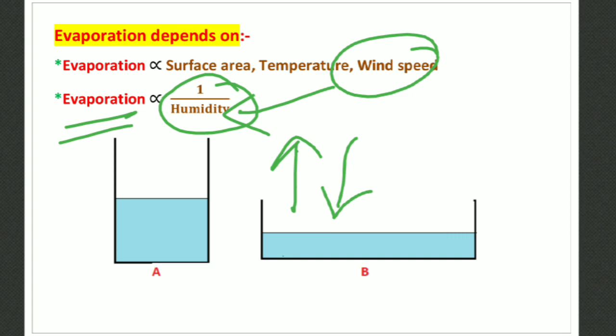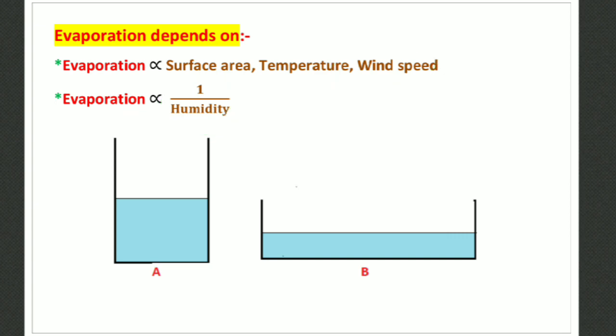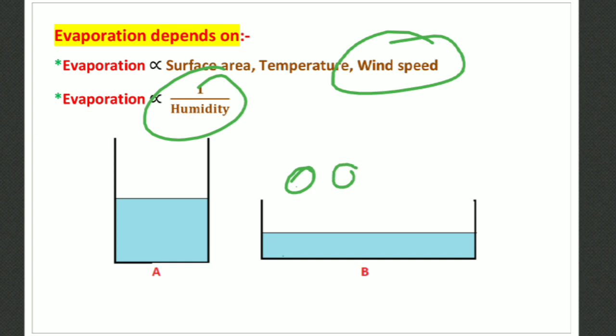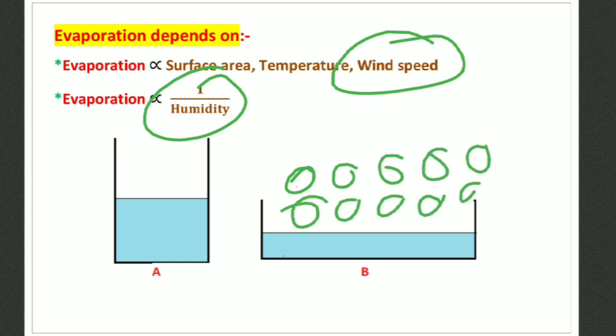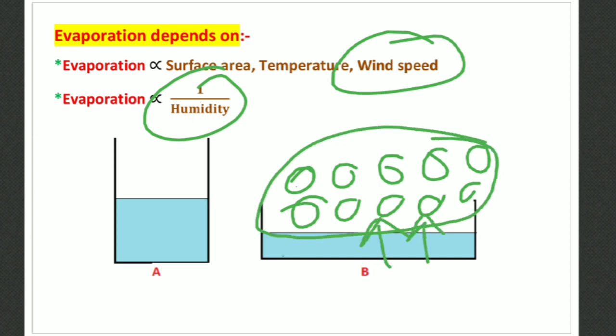So what is humidity? It is the amount of water vapor present in the atmosphere. If we increase the humidity, the space will be occupied by the particles, and the evaporation will decrease, because there will be no space for the new particles. Okay, simple.